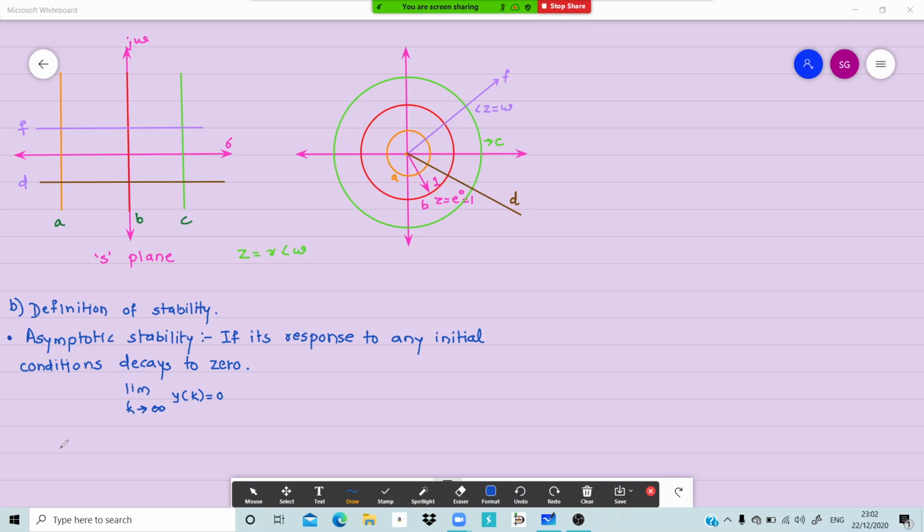Now if the response due to initial conditions remains bounded, but is not decaying to 0, then we say the system is marginally stable.